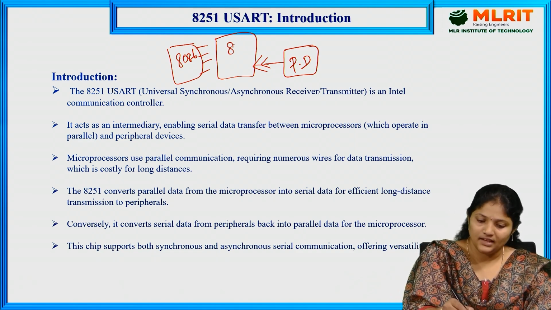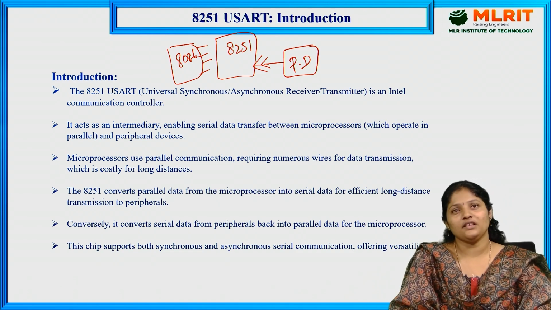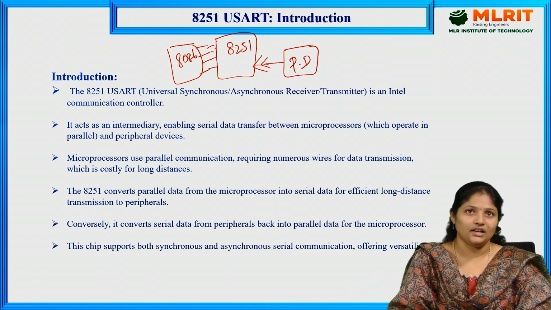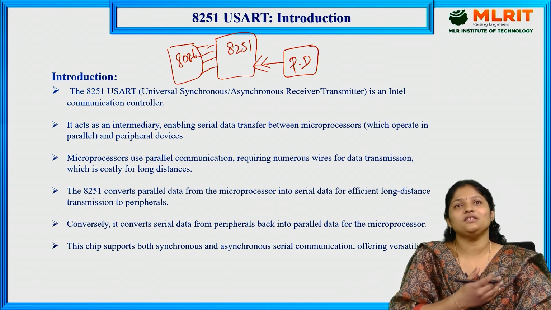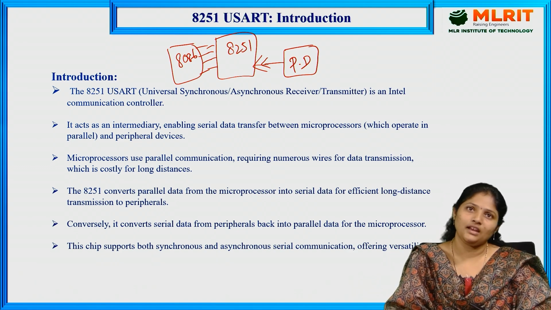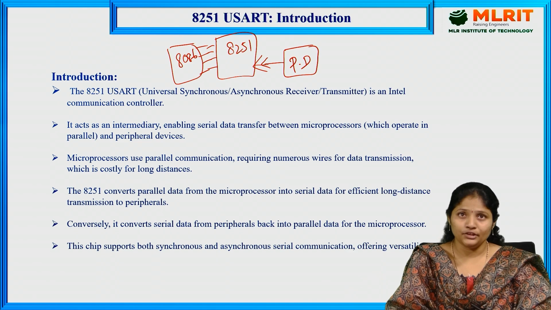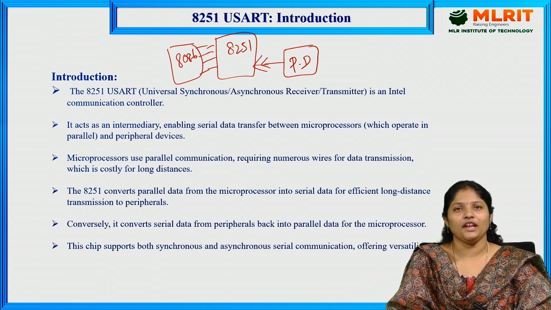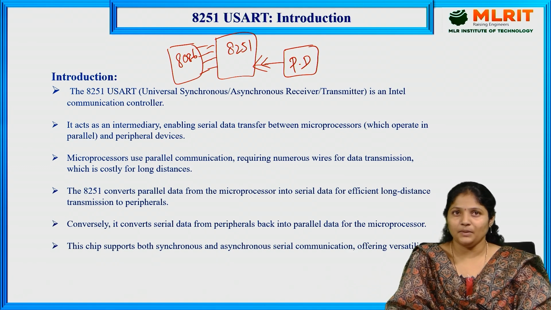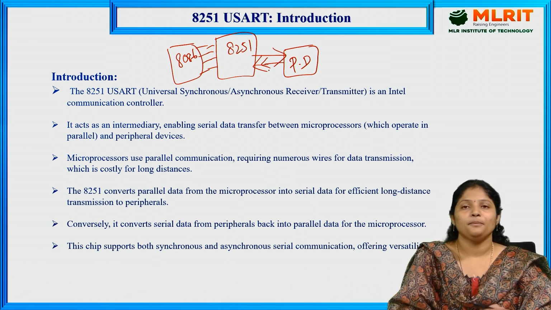So this is 8251, which takes the input from the peripheral devices as serial data and transmits parallel data to 8086. If the 8086 wants to write output to the external peripheral devices, then again 8086 will send the parallel data to 8251, and 8251 converts this parallel data to serially streamed data and sends it back to the peripheral devices.